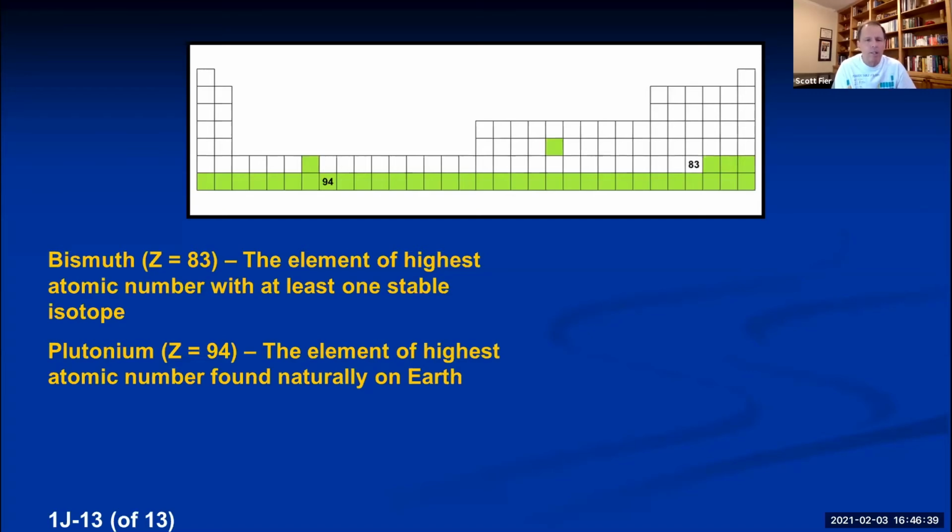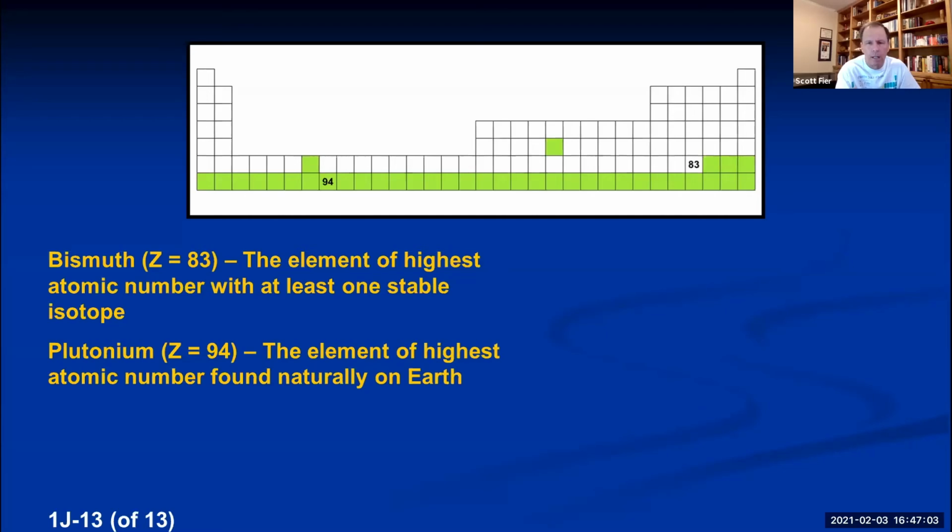So all the elements above plutonium, and even including plutonium, are created in cyclotrons or in nuclear reactors where we smash atoms together and we try to do what happens in the center of stars. We try to fuse nuclei together to make bigger atoms. So everything above plutonium is a synthetic atom. They've been created by scientists. They don't actually occur naturally.